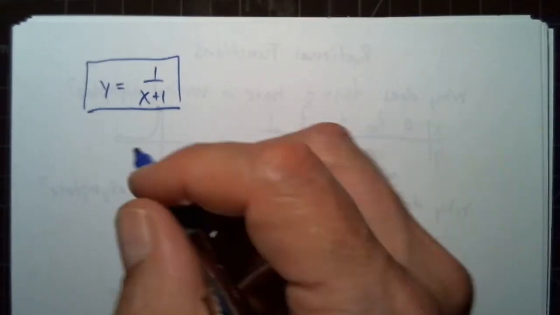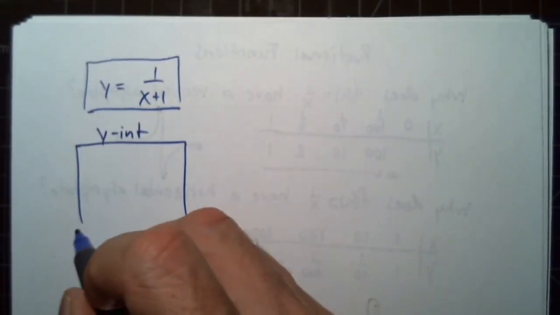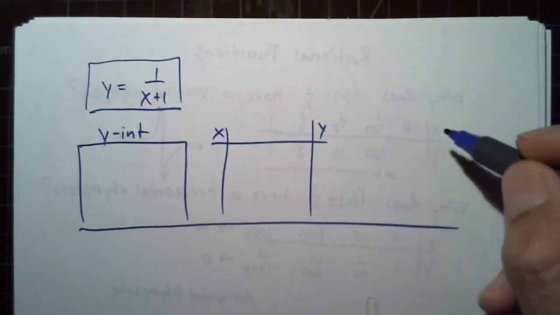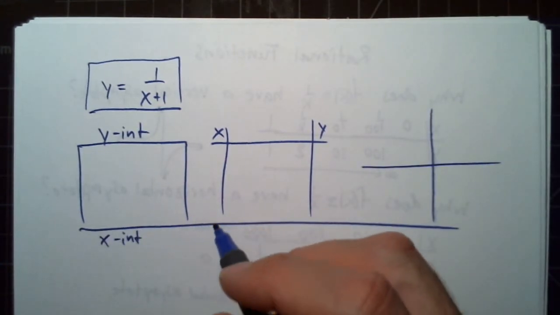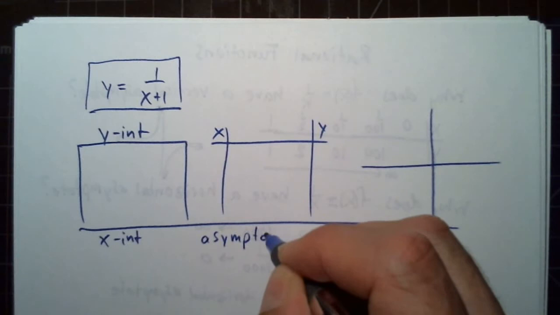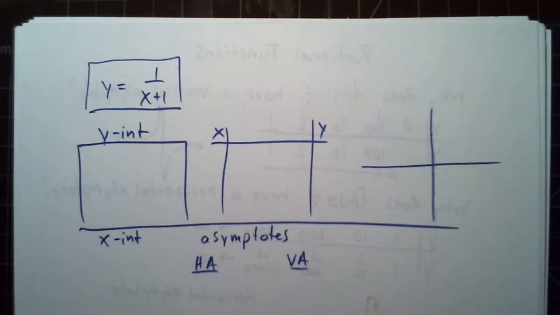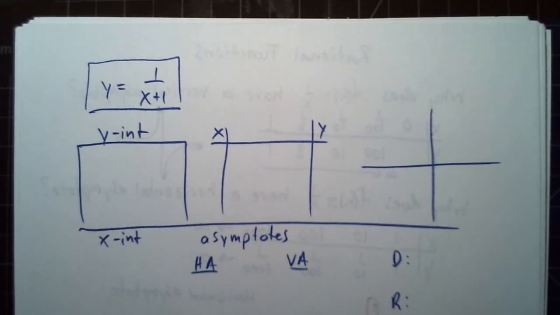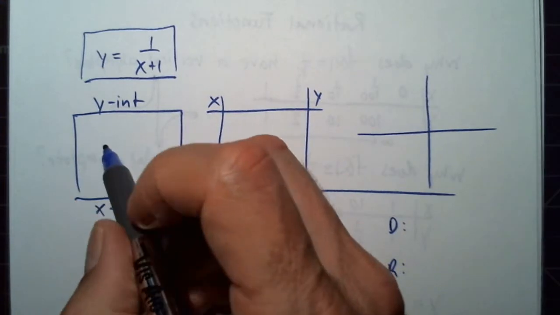So let's use a palette for this, y-intercept. So x and y-intercepts still work the same way.